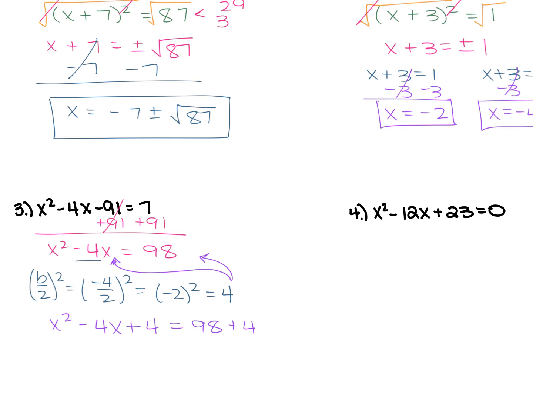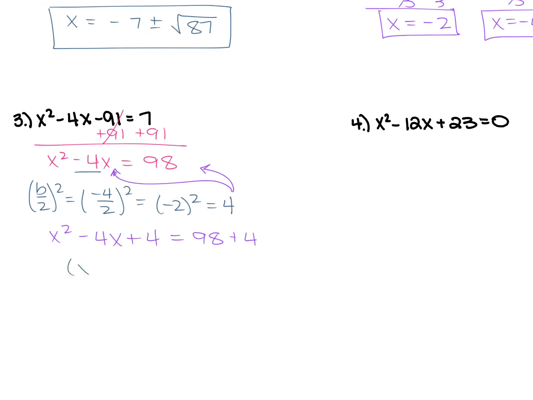On the left side, if we factor it, it's going to give us x minus 2 squared, because that -2 was in the parentheses that we squared, or was the number that we squared. And then that 98 plus 4 is 102. We are going to take the square root of both sides here. The square root of that binomial square gets rid of your power to where you just have x minus 2. The plus or minus is going to go in front of that square root of 102.